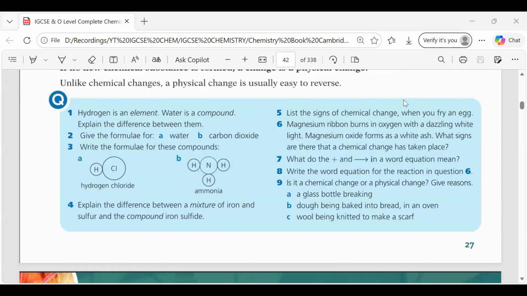Okay. The next question: magnesium ribbon burns in oxygen with a dazzling white light. Magnesium oxide forms as a white ash. What signs are there that a chemical change has taken place?